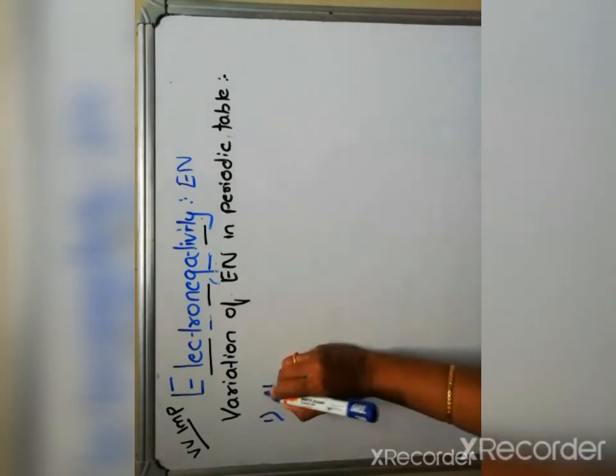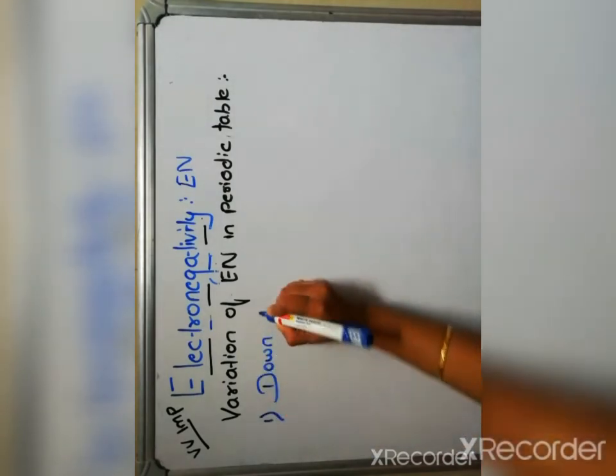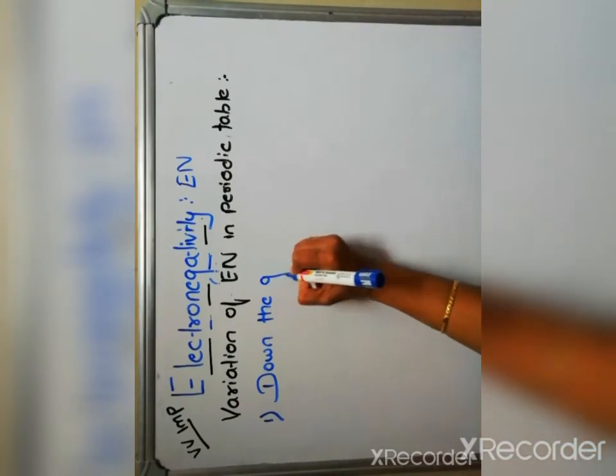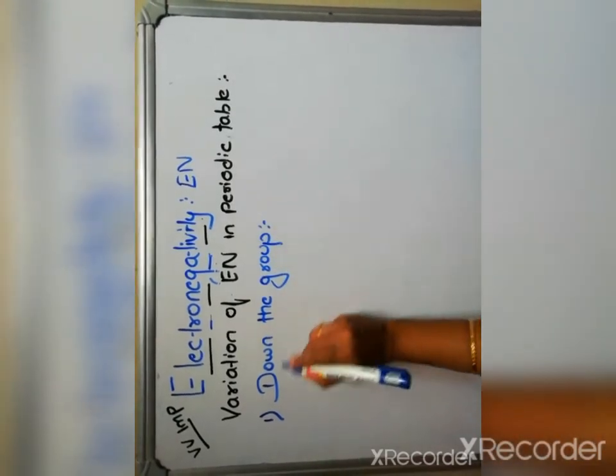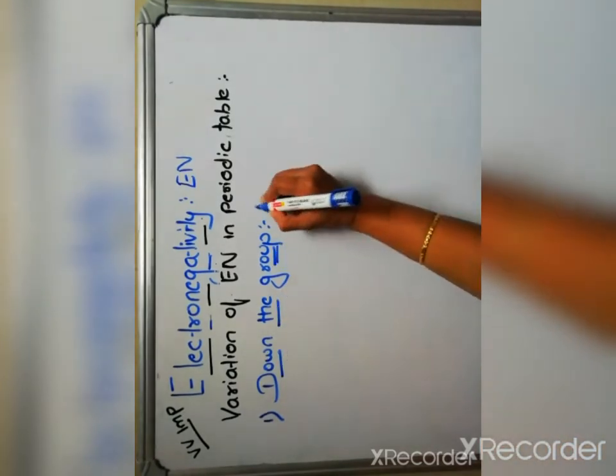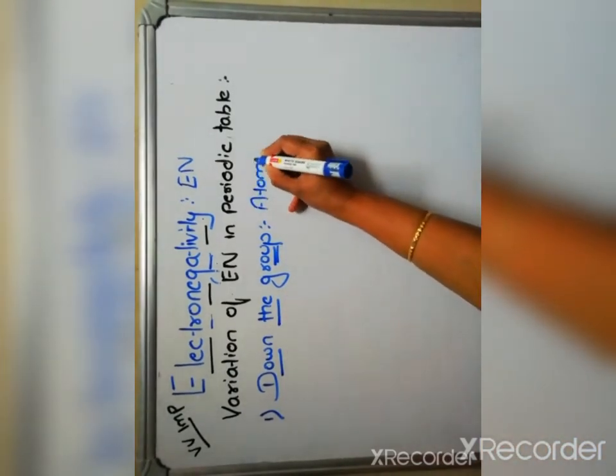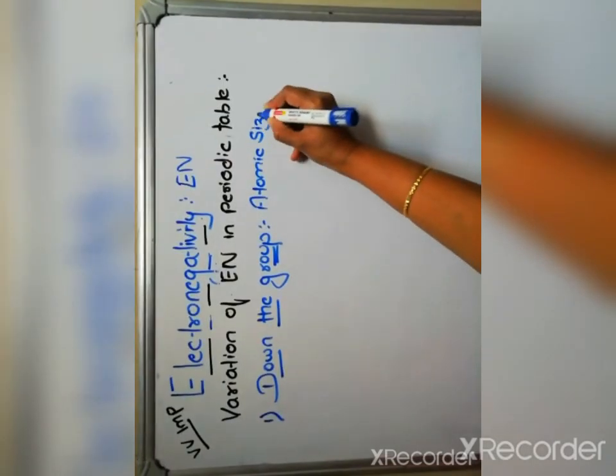First one, down the group. As we all know, as we move down the group, the atomic size increases, right?